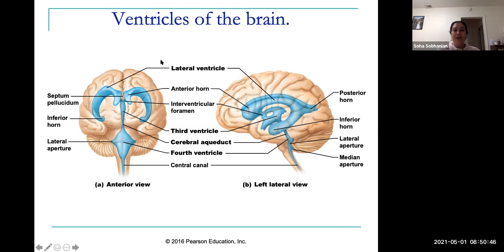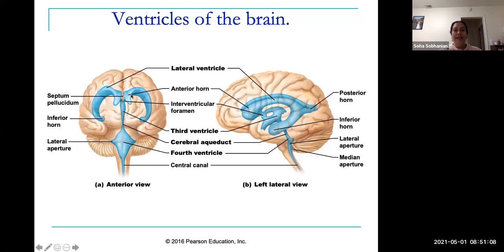So in this picture, first of all, let me show you the orientation. We're looking at the brain from the frontal view, and what you see in blue would be your ventricles and the central canal. And this is your lateral view. Basically, you're looking at the brain from this view.